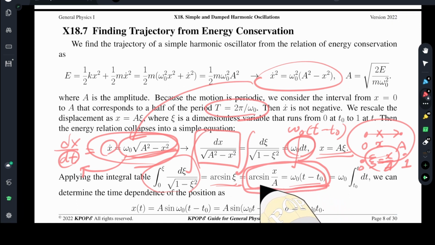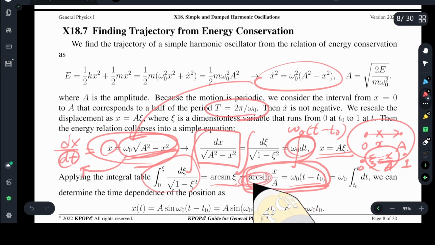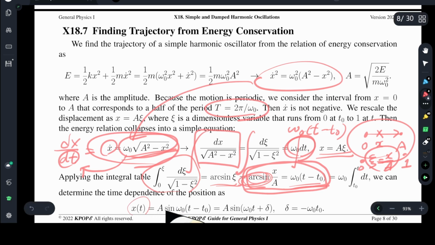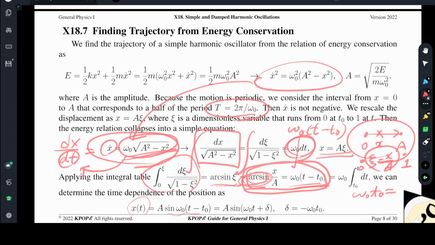We can take the inverse function; arc sine is the inverse function of sine. So x of t is A sine omega 0 (t minus t0). Here t0 is multiplied through by omega 0 to give the expression for the phase constant.